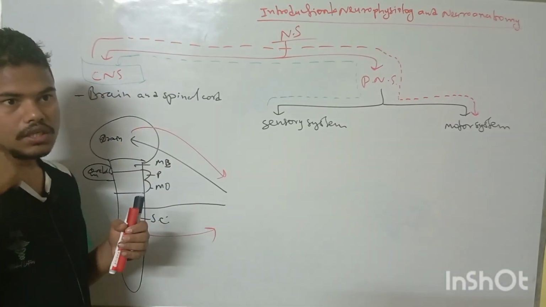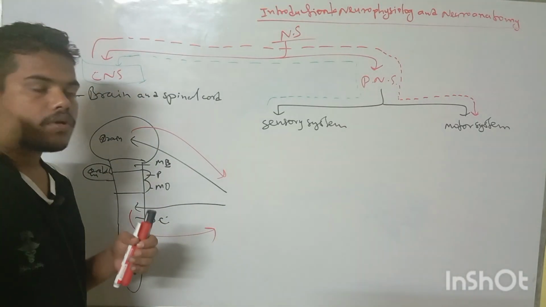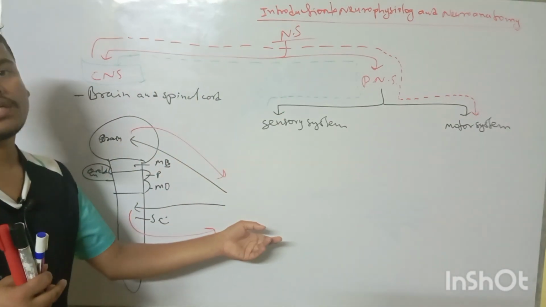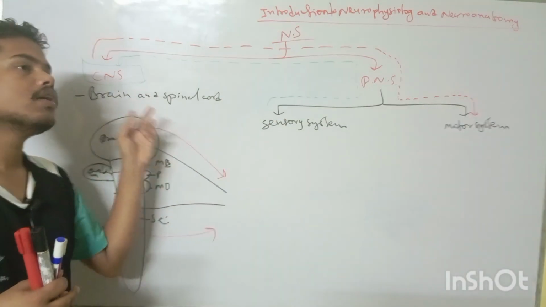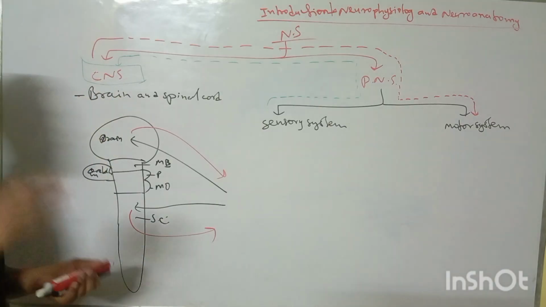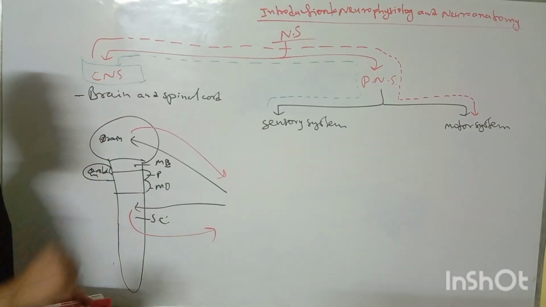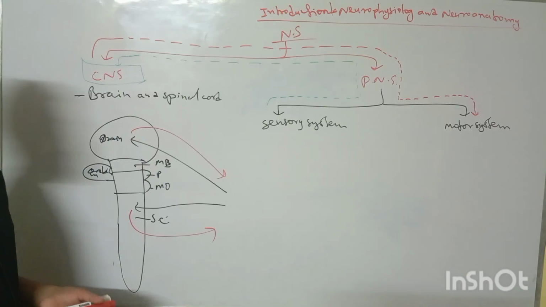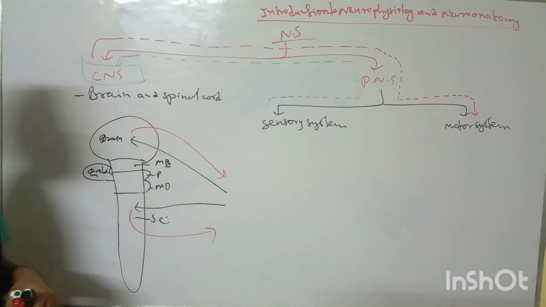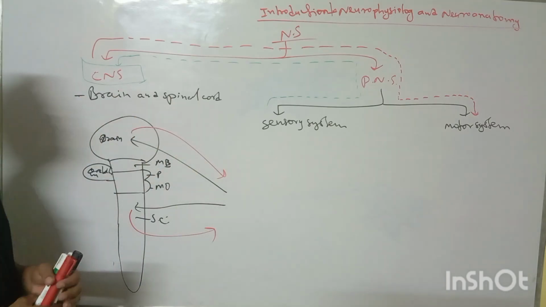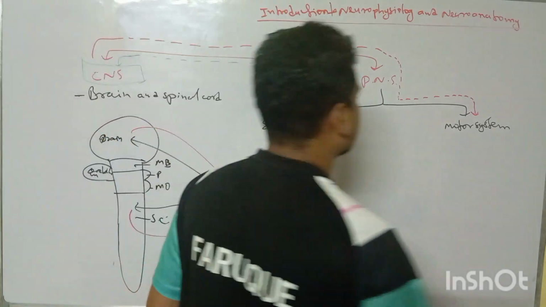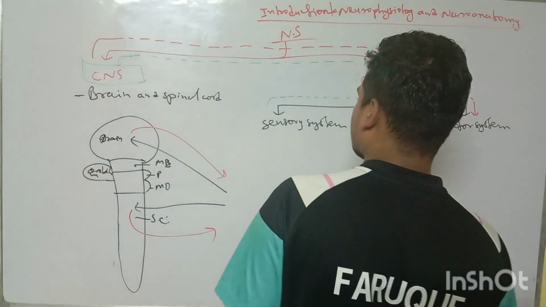So when new information comes, it may be the same as the previous information, or it may be different. The brain, or central nervous system, will compare it with the memorized previous information, and what type of response should be given out will be decided here. So please don't get confused by the words I am using now.